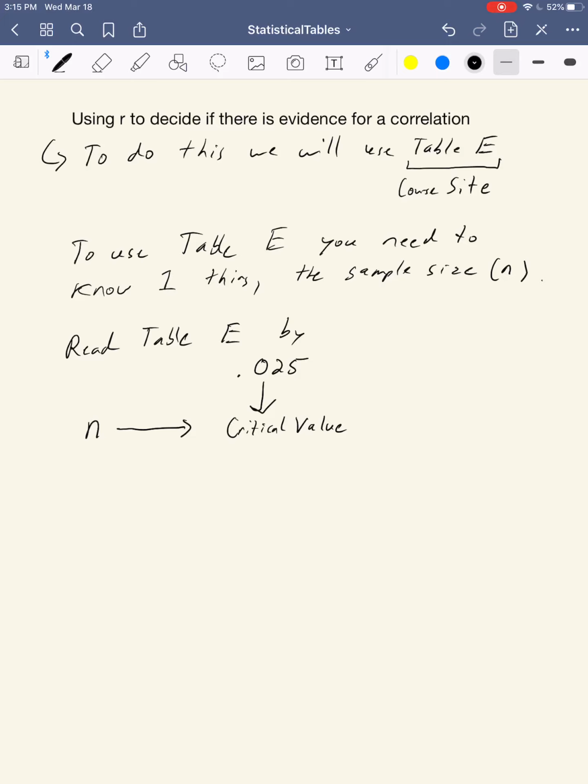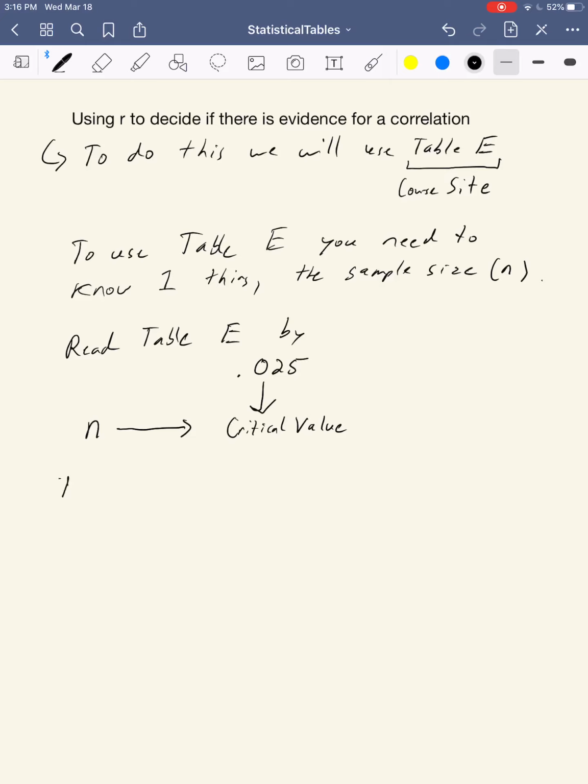So when you go to read table E, you'll look up how many data points you have, your sample size. You'll find that in that first column. Then you'll go across to the column that says 0.025, and you will follow that down until you find the intersection. And that'll yield something called the critical value. So what is the critical value? Well, the critical value is basically what counts as strong enough.